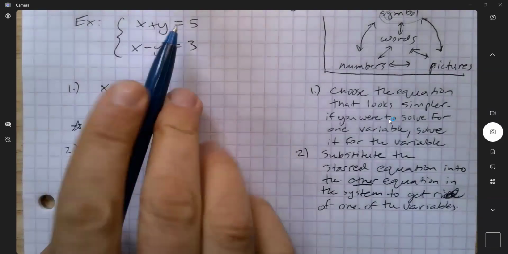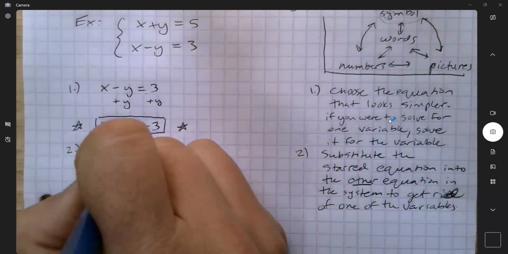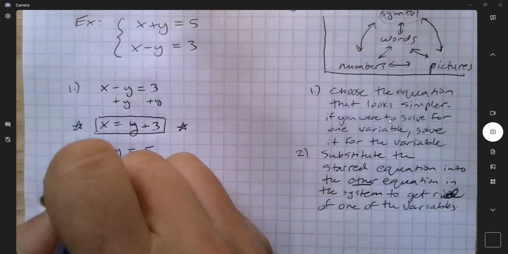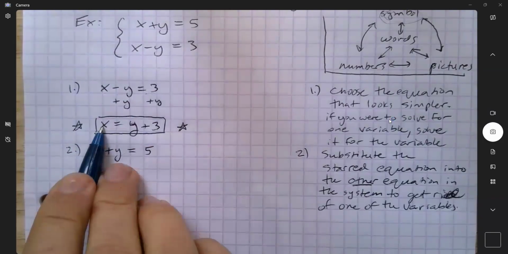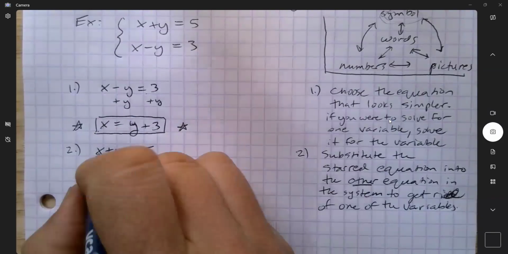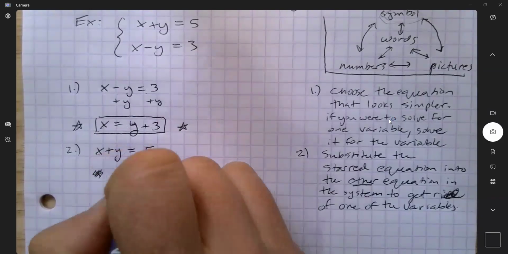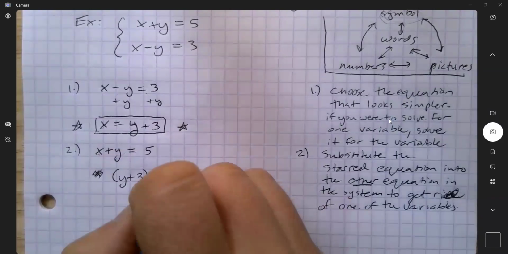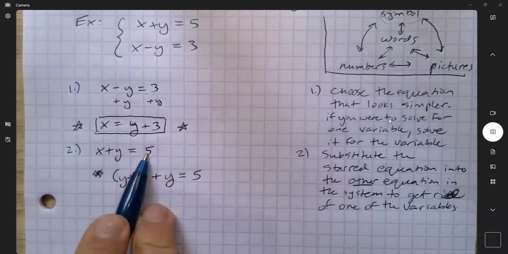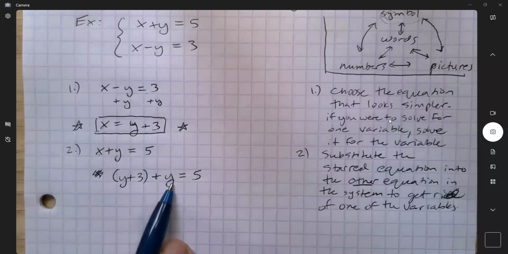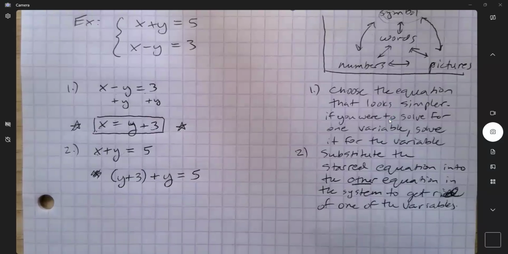So we take my x plus y equals 5 and we rewrite it, but now we know that x equals y plus 3. So instead of writing x, I can write y plus 3. And then I finish the equation. x plus y equals 5 means y plus 3 plus y equals 5.